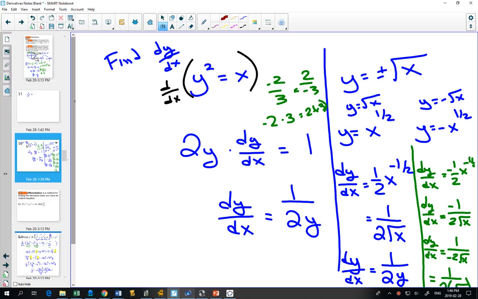Just do the derivative and imagine that y is a function of x. So when I do the derivative of y squared, my 2 can come out in front, the inside stays the same, and then multiply by the derivative of the inside, which is the derivative I'm trying to find.